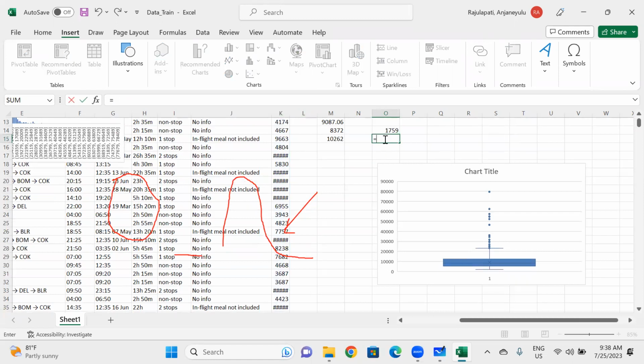The difference between the min and max is what we call the range. So the minimum price of the Airbus is 1759, and the max price of the Airbus is 79,512. So the data was distributed within this range only, 1759 to 79,512.